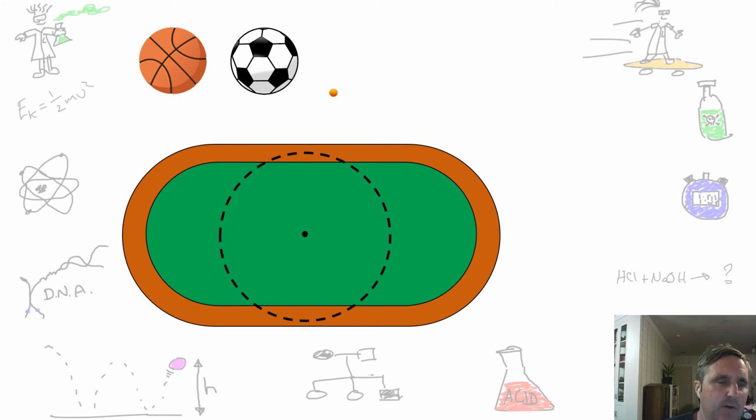And you can imagine, let's say for this lithium atom, we had 3 basketballs and 4 footballs or soccer balls sitting in the middle here. The electrons would be the distance shown by this dotted circle here away from the nucleus. And the electrons would be a relative size of a table tennis ball compared to the relative size of our basketballs and our footballs for our protons and our neutrons in the middle.